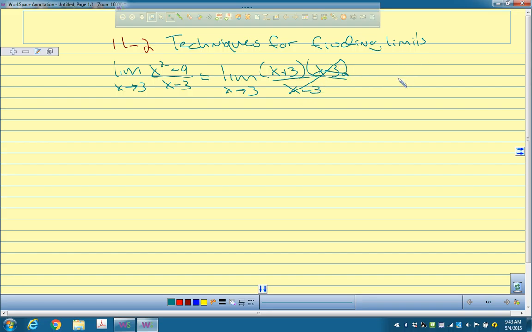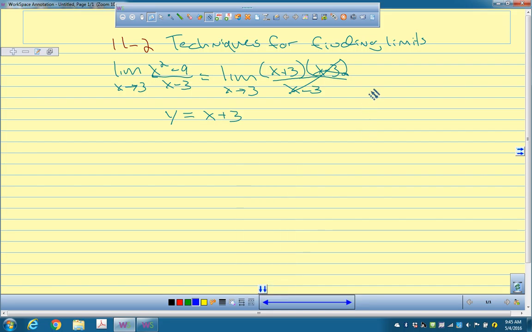So this equation looks exactly like the line y equals x plus 3 everywhere except at 3. If I were going to graph this function, it looks just like y equals x plus 3 except at 3, it's got a hole.